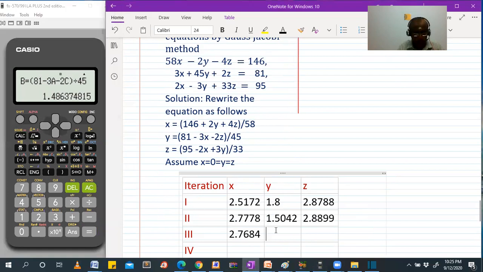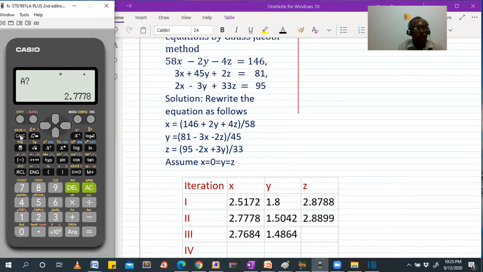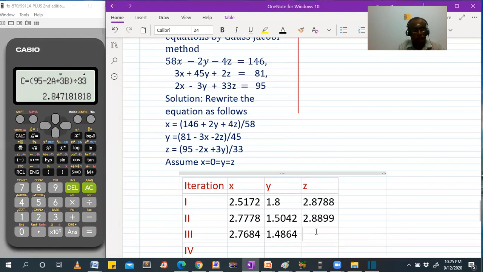So it is 1.4864. C: calc a is 2.7778, b is 1.5042. So it is 2.8472.